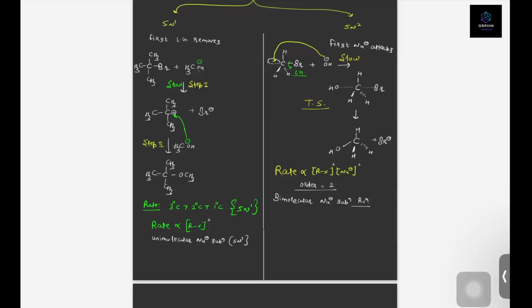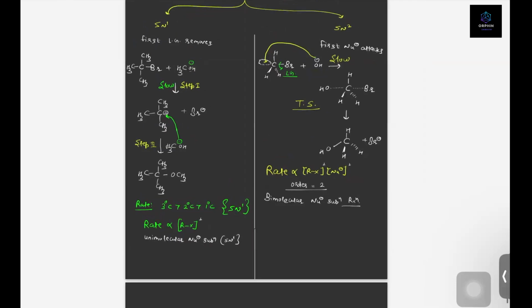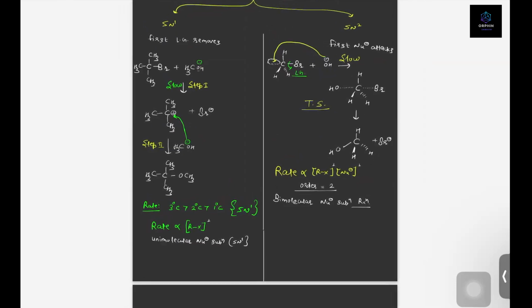Then, in that case, what could be the reactants that will favor the SN2 reaction? In SN2 we know that the nucleophile is attacking first. So what could be the favorable reactants?